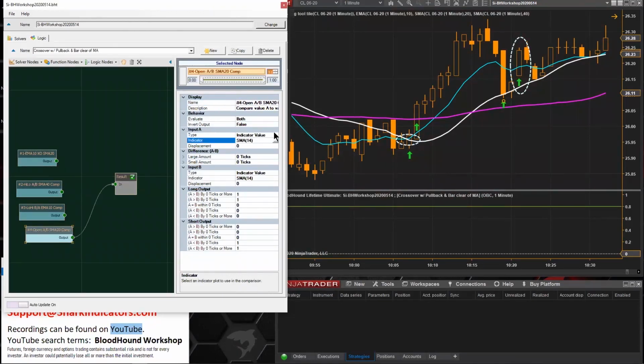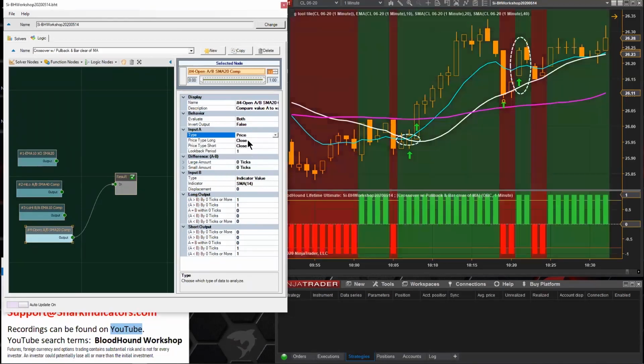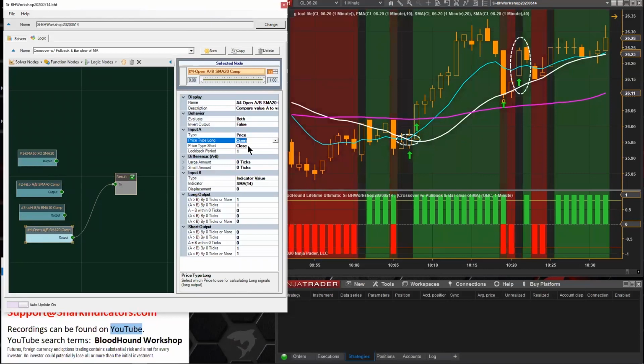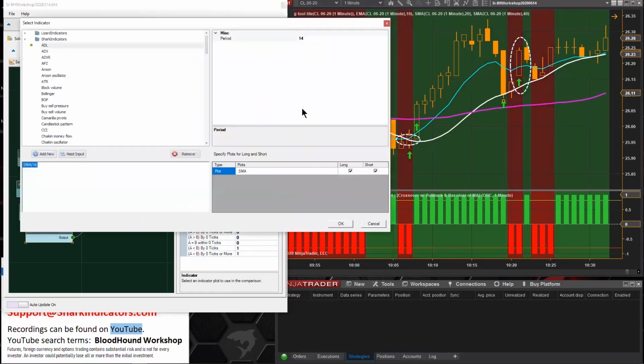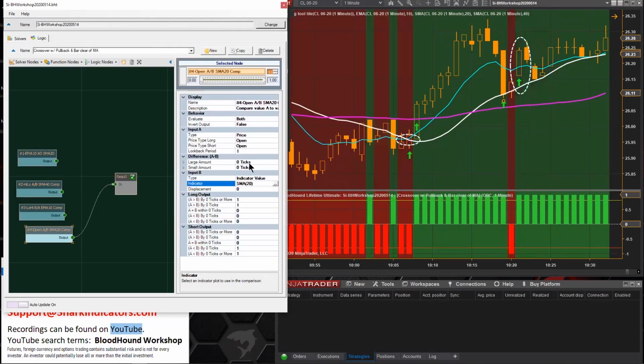Input A is the bar prices again, and we are comparing the open price, for both long and short signals, and then our indicator is the SMA 20, and for a long, we want A to be greater than B. We want the open price to be greater than or above the SMA 20. All right, so we're good there.